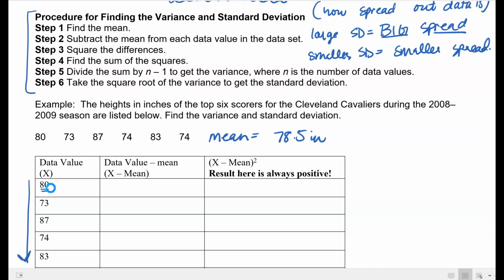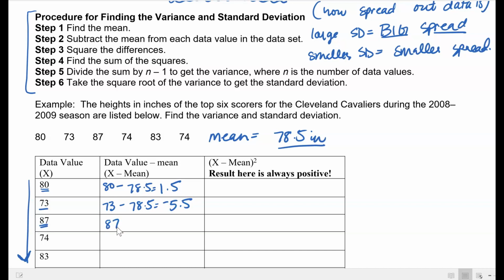So we're going to take the data value 80 minus the mean 78.5, and we get 1.5. Next, data value 73 minus 78.5, which is our mean, negative 5.5.